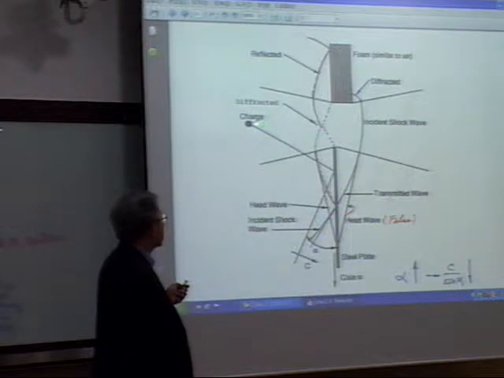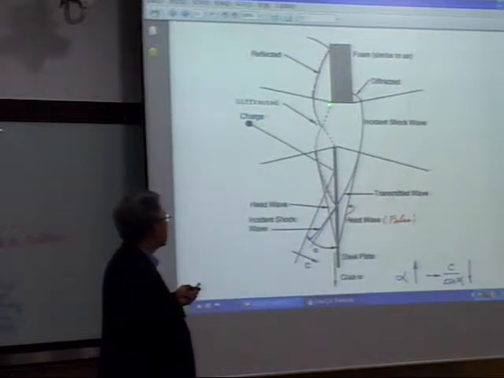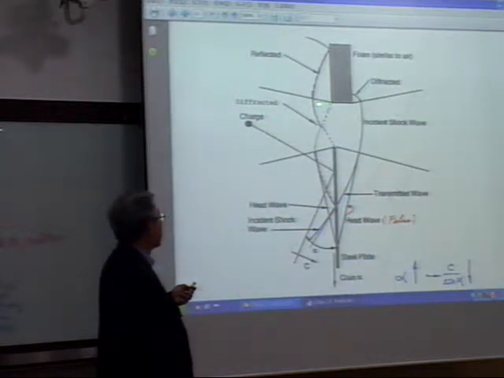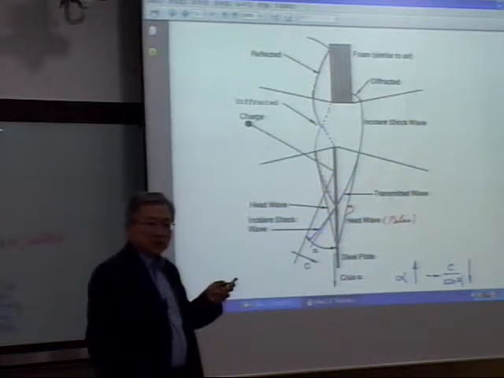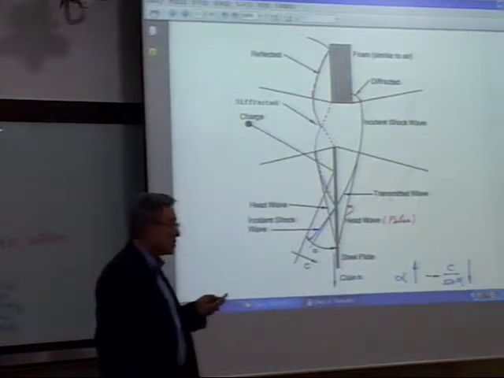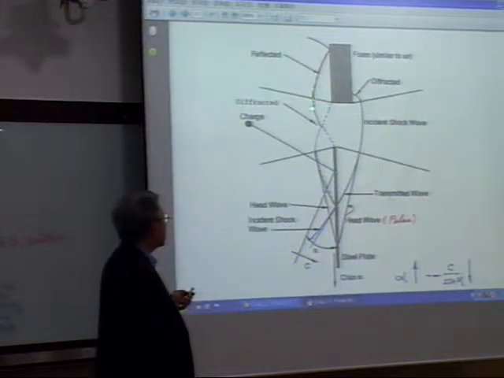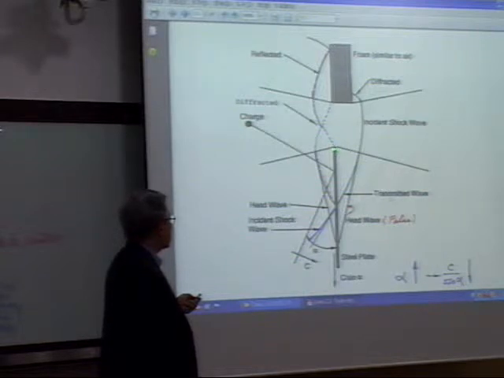As it hits it here, it's going to reflect back, and the wave never discontinues. A wave is always a continuous wave. From this point, it's going to continue to here, and also the wave reflects right here as the incident shock wave hits it.